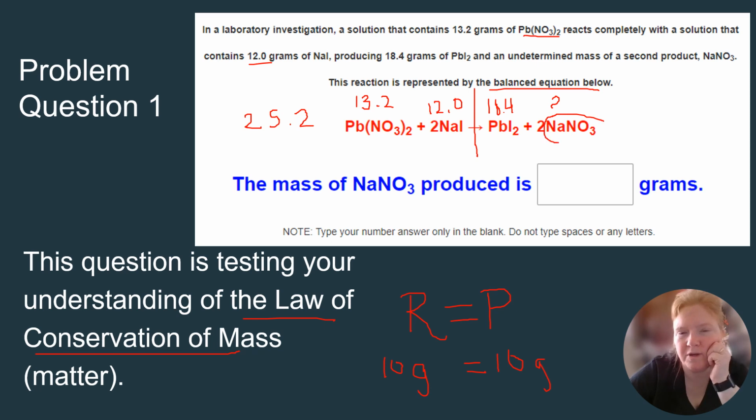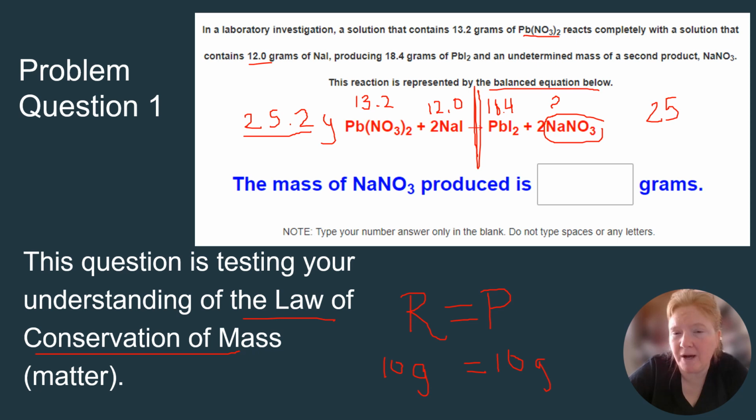So how do we find the mass of this? Well, we know that on this side, the mass is 25.2 grams. So the mass on the product side also must be 25.2 grams because of the law of conservation of mass. So that means if this is 18.4 grams, how do we find the mass of this?